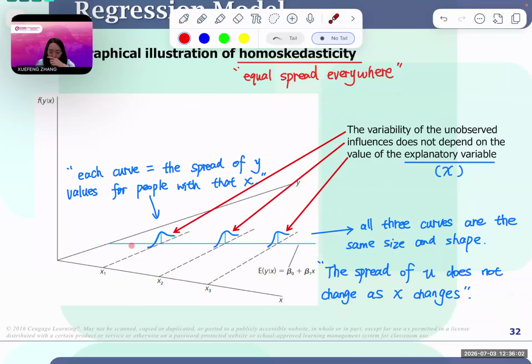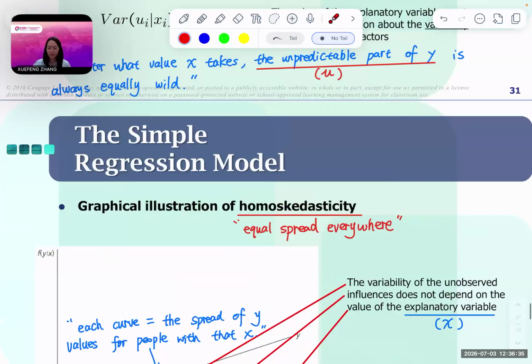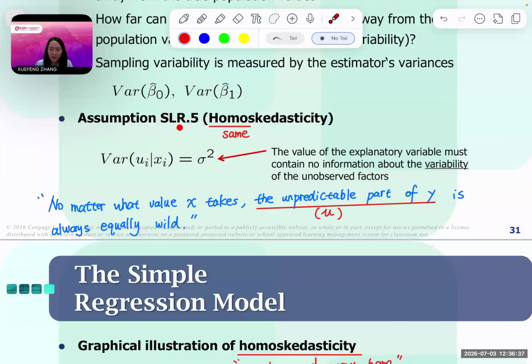Whether you have low education or high education, the randomness in your wage is roughly the same size, because for x1 we have the same variation, for x2 we have the same variation, and thus for x3 we have the same variation here. So the mu is always equally noisy, regardless of x. So why does this matter? Why do we need to learn it? Remember, this comes from assumption SLR5, homoscedasticity.